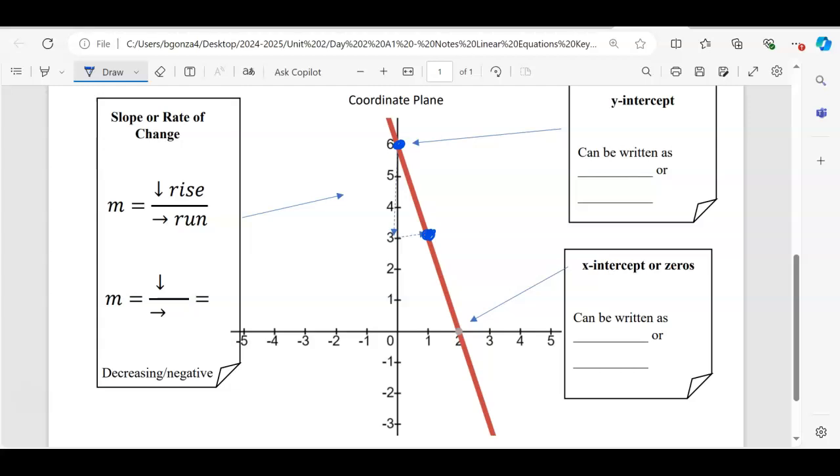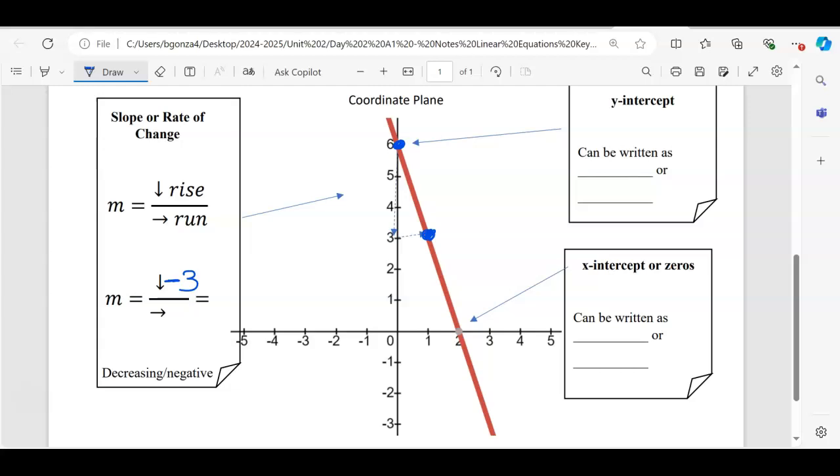Which way does it rise to get to the next point? Like which direction, up or down? It goes down. If you're starting on the left, it goes down 3. So what should I write for my rise? But since it goes down, we want to use a negative sign. Whenever you go down, negative, right?